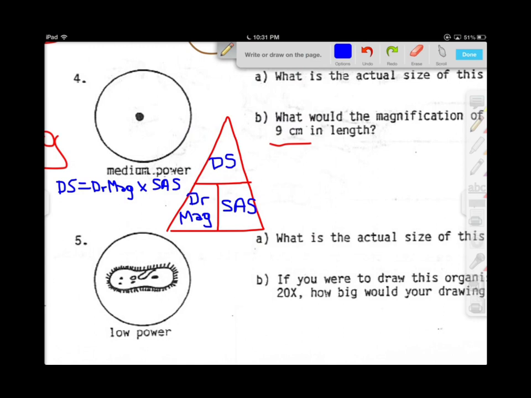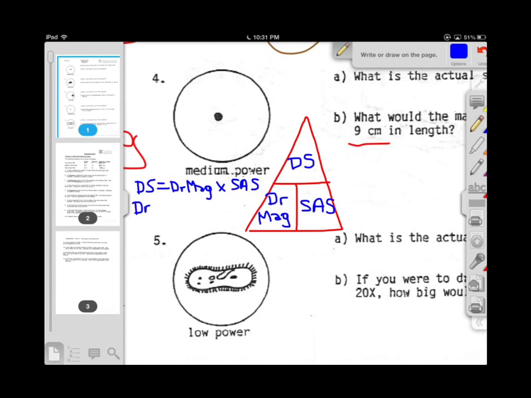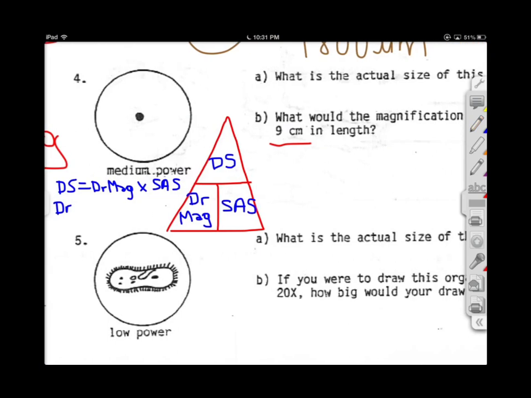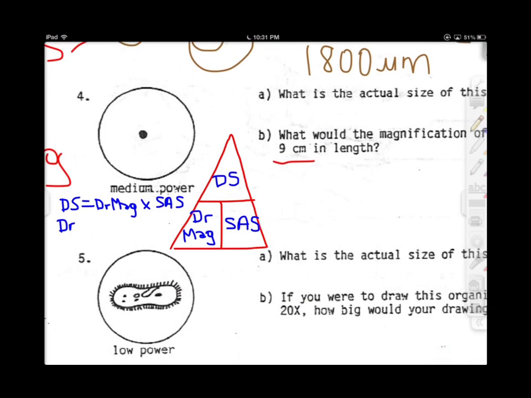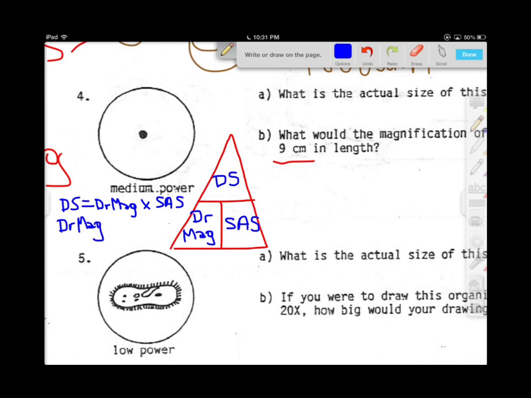So if I look at Dr. Mag, if you put your finger on that, you would have Dr. Mag is equal to drawing size divided by SAS.